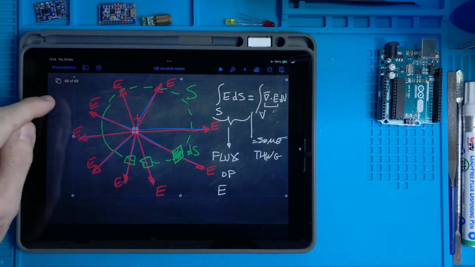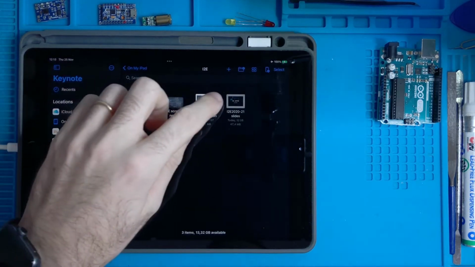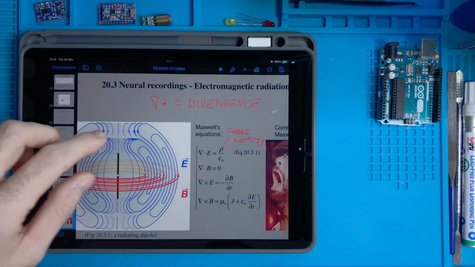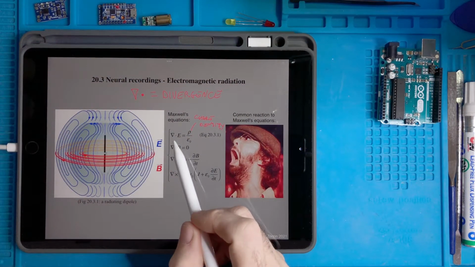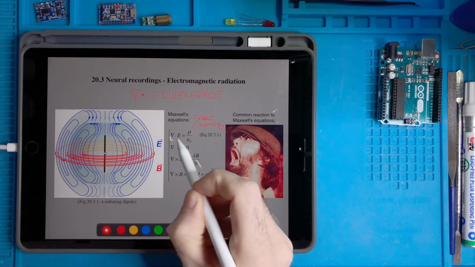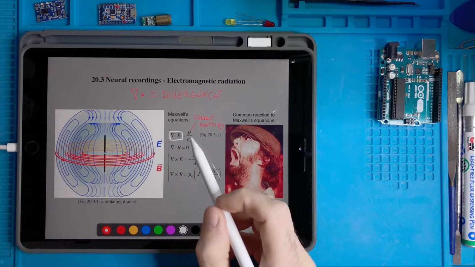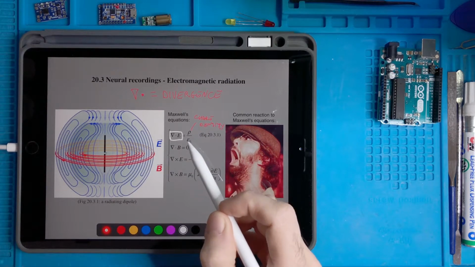So this is what the first law of Maxwell is telling us, that basically this divergence is connected to the fact that there is a charge.